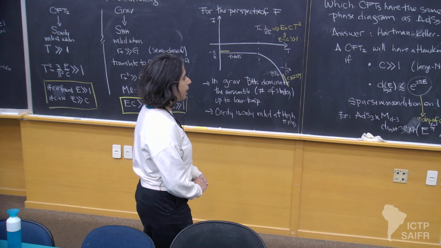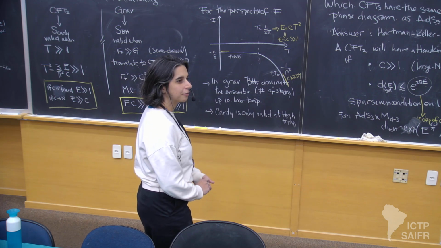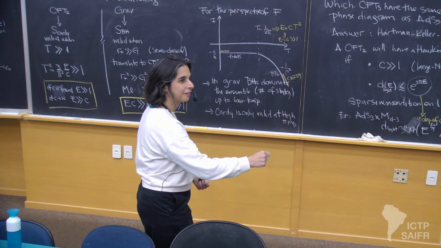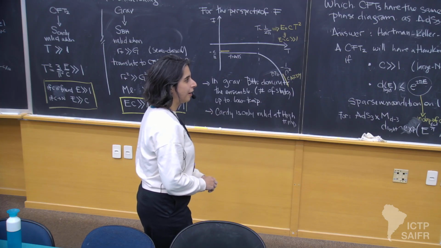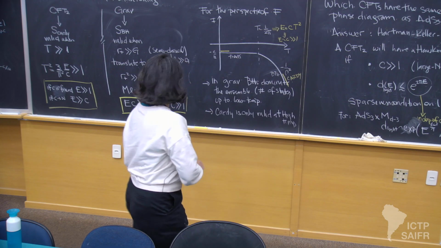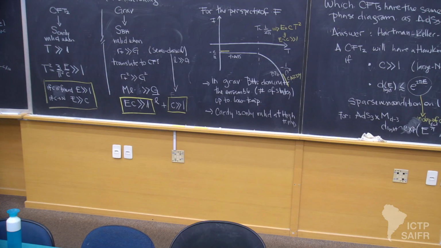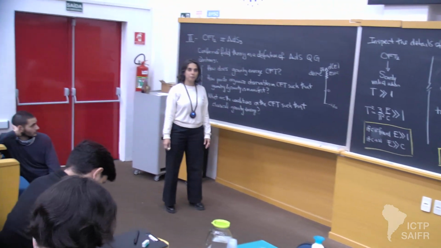So back in the day, I grabbed the Ising model. So I was brave and we took C equal to 1/2. And we said, basically it was in regards to this question, does the Ising model have a way to understand it gravitationally? And the answer is yes, there's a way.